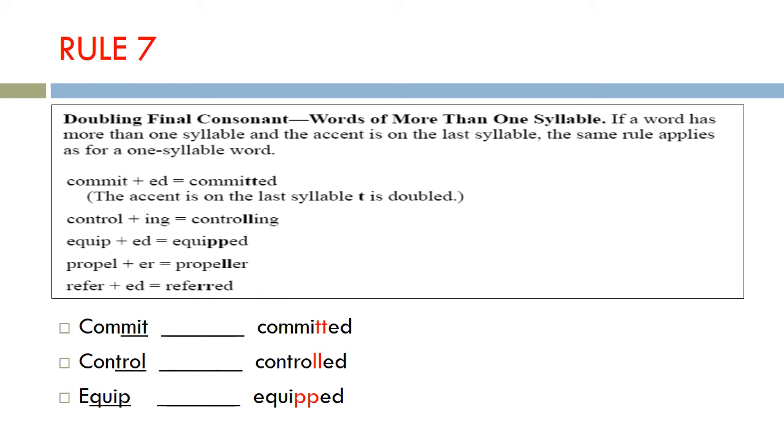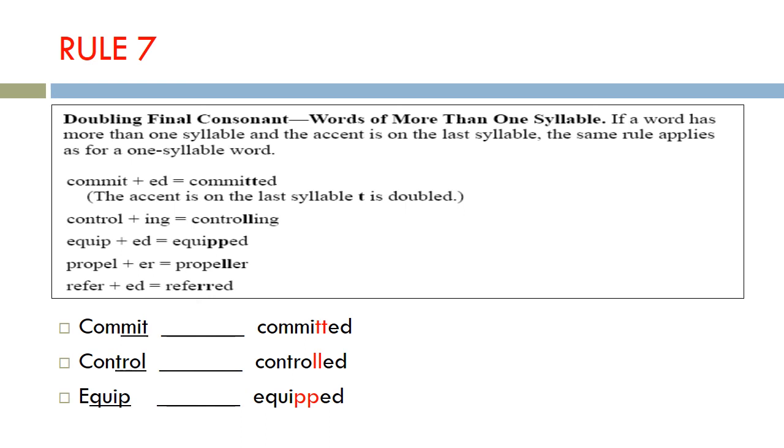In Rule 6, we dealt with words which contain one syllable. Now in Rule 7, we'll deal with words which contain two syllables. So if a word has more than one syllable, and the accent, here we mean by the accent stress, is on the last syllable, so this last syllable is stressed, the same rule applies as for a one-syllable word.